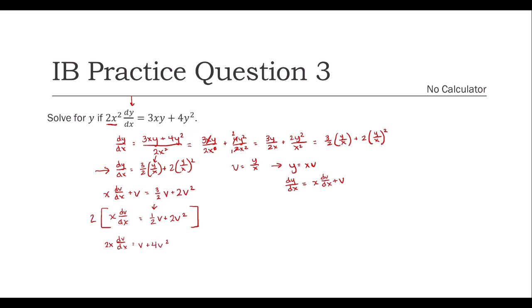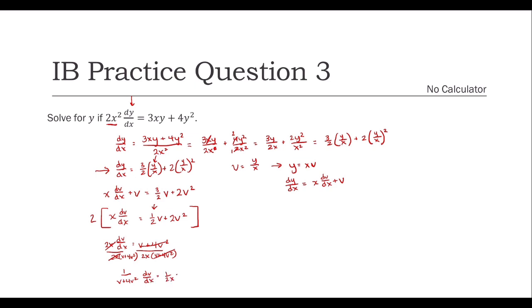Then we want to get all of our x's on one side and our v's on the other. So we'll divide both sides by 2x and we'll divide both sides by v plus 4v². So that'll give us 1 over (v plus 4v²) dv/dx equals 1 over 2x.